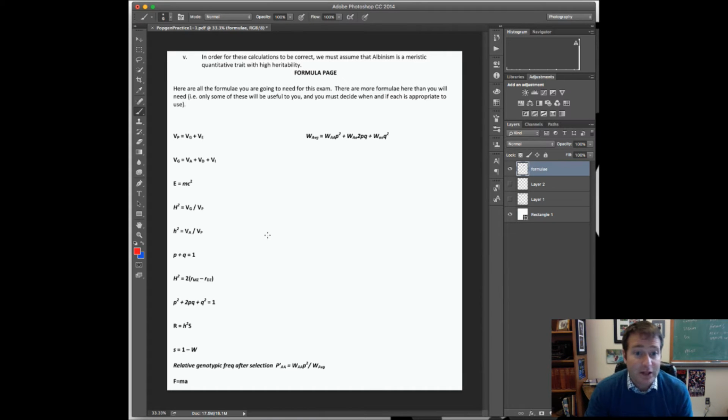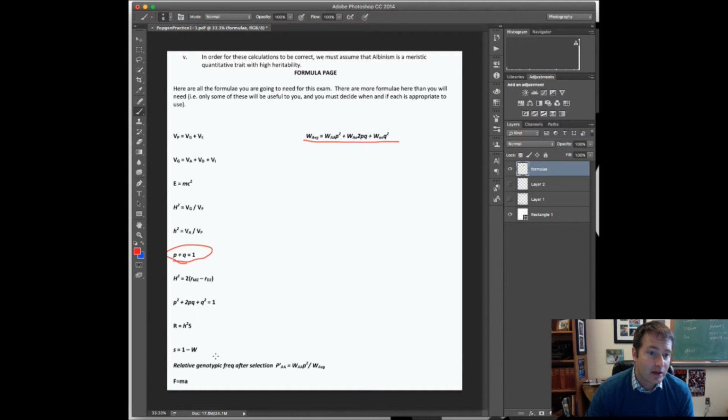Most of these formulae we'll end up using on the next exam when we deal with quantitative genetics. The ones that are most relevant to the kinds of things that we've been learning for this unit are this, which you may or may not need. It's a Hardy-Weinberg equilibrium where one or more of the alleles are under selection.